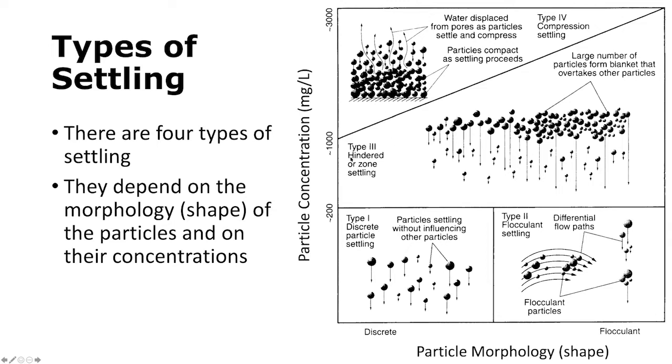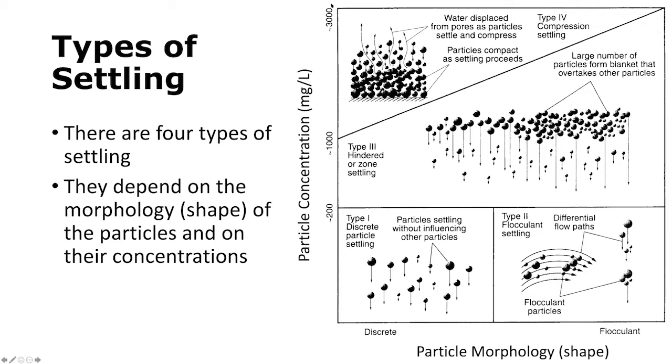Type 3 is hindered or zone settling, where you have a large number of particles that form a blanket which can overtake other particles, kind of dragging them down with it. Type 4 settling, compression settling, happens when you get water being displaced from the pores as particles settle and compress, and that displacement causes the particles to become more compact.